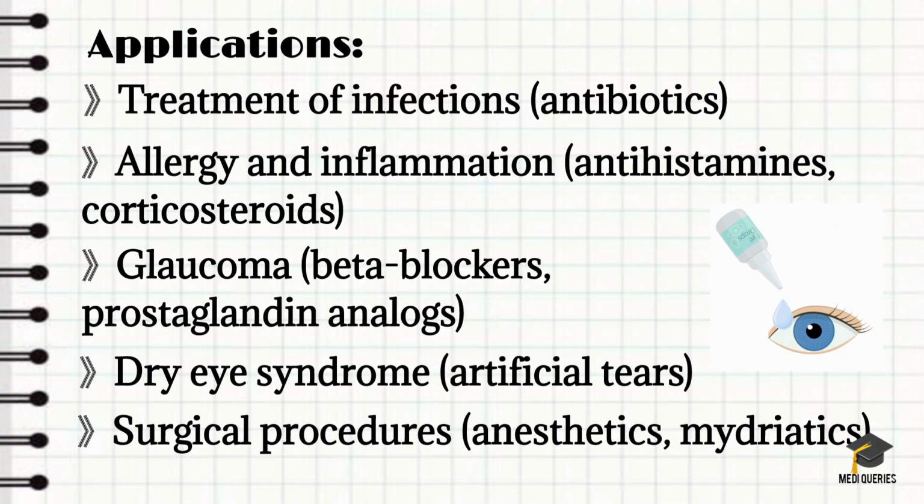An example for this is proparacaine and tetracaine eye drops. And next one is the diagnostic purposes. This is used to stain the cornea and measure the pressure or visualize the eye's internal structure. Example: tropicamide. And next one is the post-surgical care.